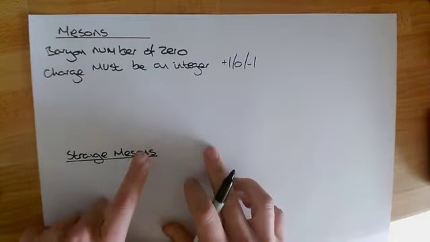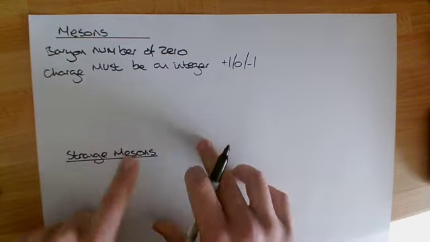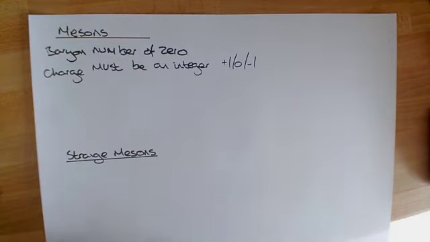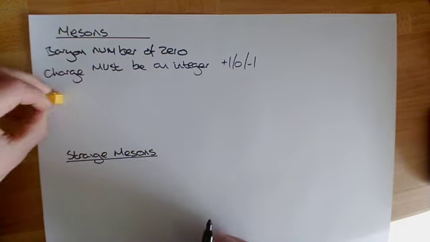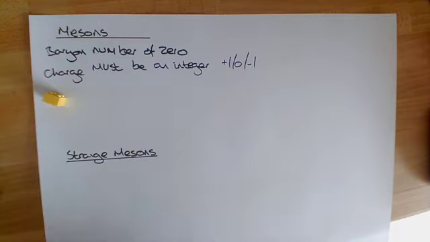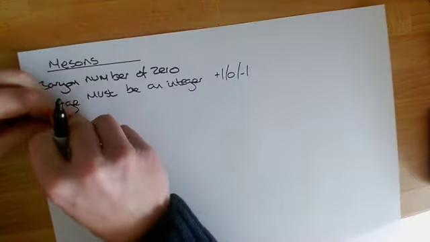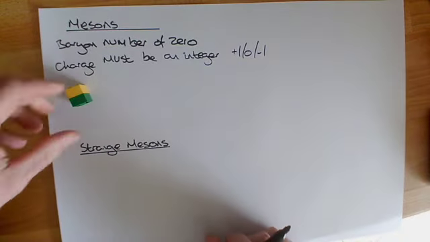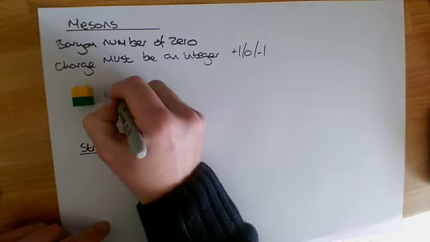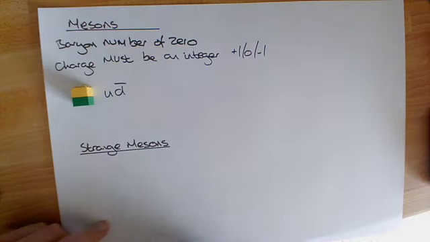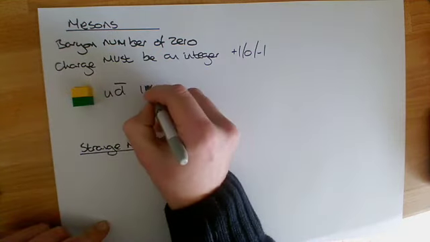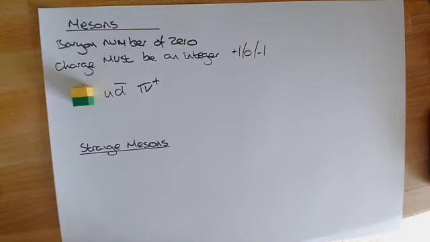Because we're talking about quark and antiquark pairs, we always have to have something like an up quark paired with another particle. The first one that I'll talk about is an up quark paired with an anti-down quark. That has the symbol up, anti-down, and it forms a particle known as a pi plus.